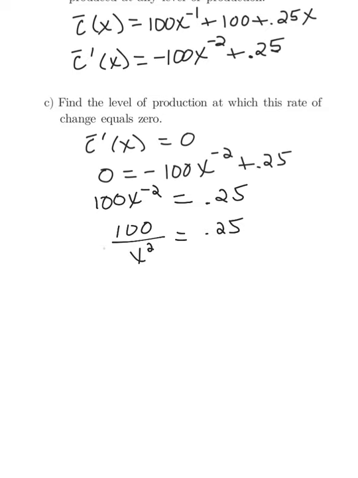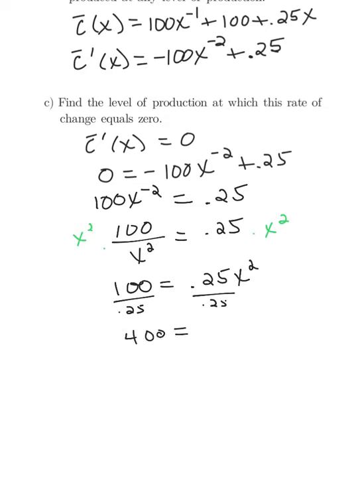So we're going to take both sides times the x squared, which will now give us 100 equals 0.25 x squared. Remember, our goal is to solve for x. So we're going to divide both sides by 0.25. And we now get 400 equals x squared.